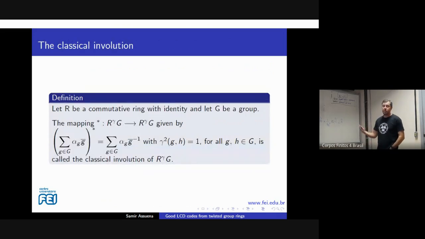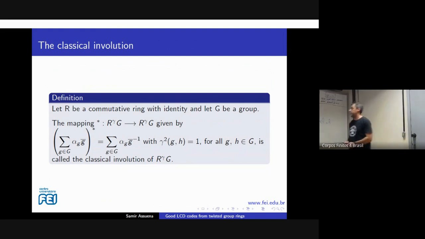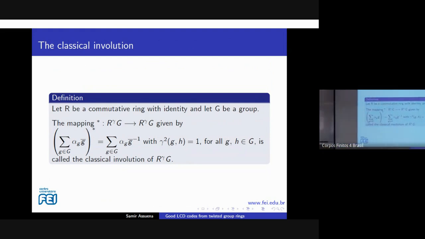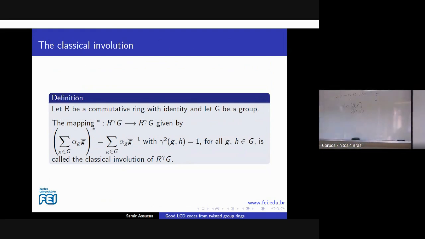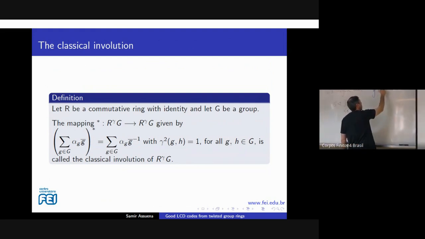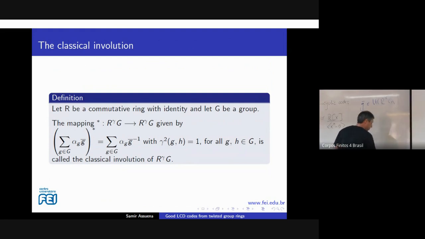And how to describe this kind of codes? When we look at the elements of the basis of the ring, it's not written here, but these elements are units in the twisted group ring.